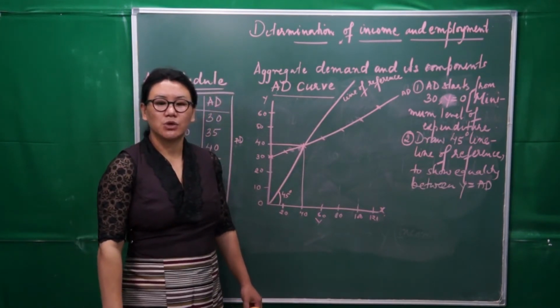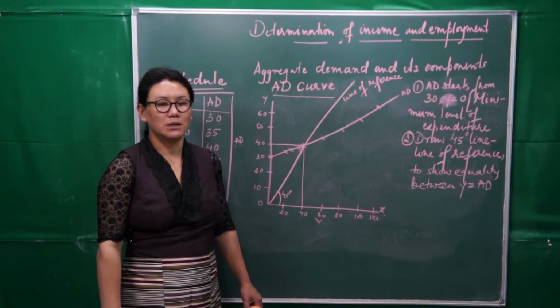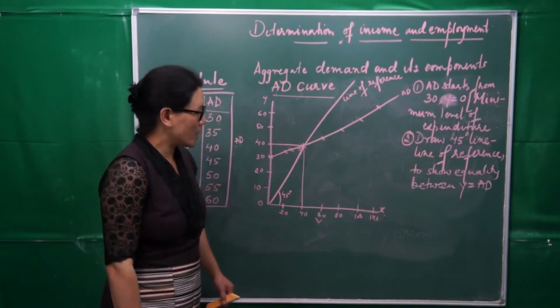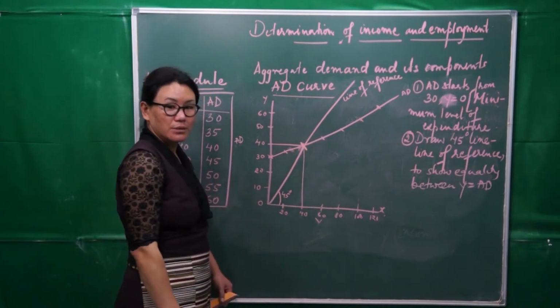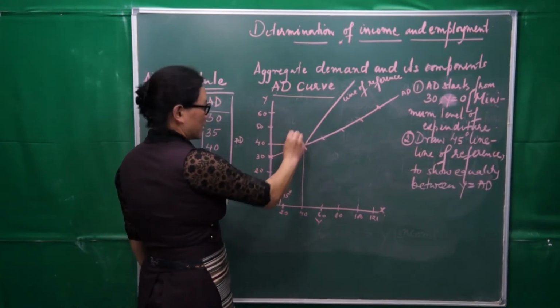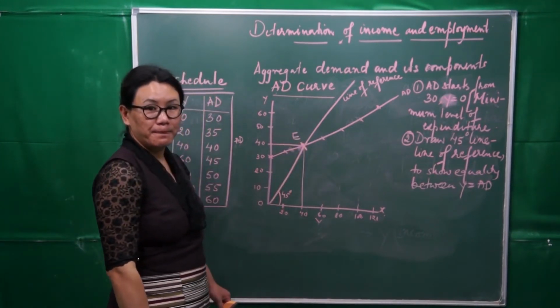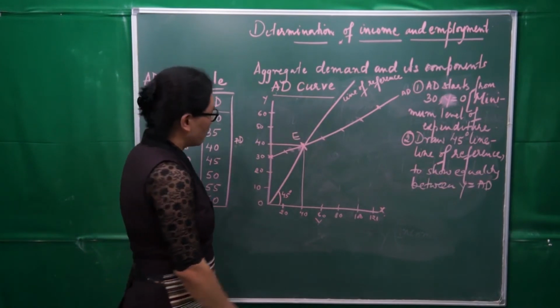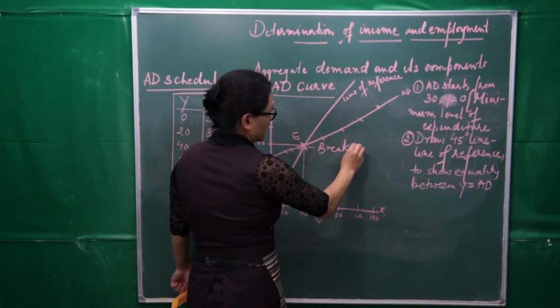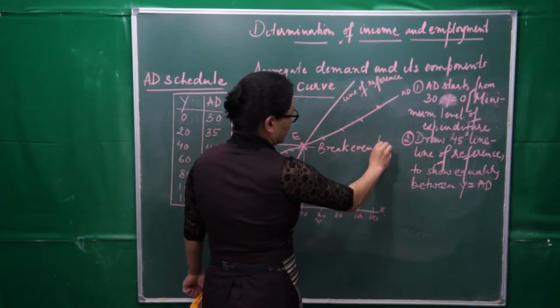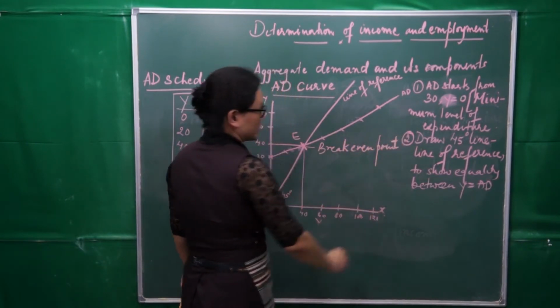What is it? To show the equality between y and AD, which happens where? At this point. Right? So we will take it as E here. This point is called the break-even point.